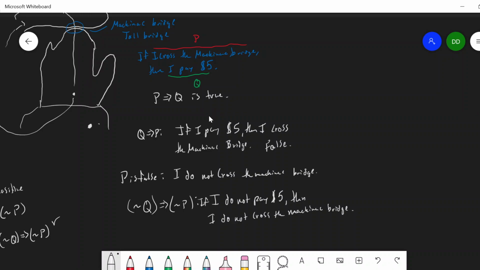Some state troopers would be after me. So they're enforcing that implication is true, and they're really doing it in a way by the contrapositive, or at least there's another way to think about it, is they're preventing cars that do not pay $5 from crossing the Mackinac Bridge. If I do not pay $5, I do not cross the Mackinac Bridge is a true statement just because P implies Q is true.